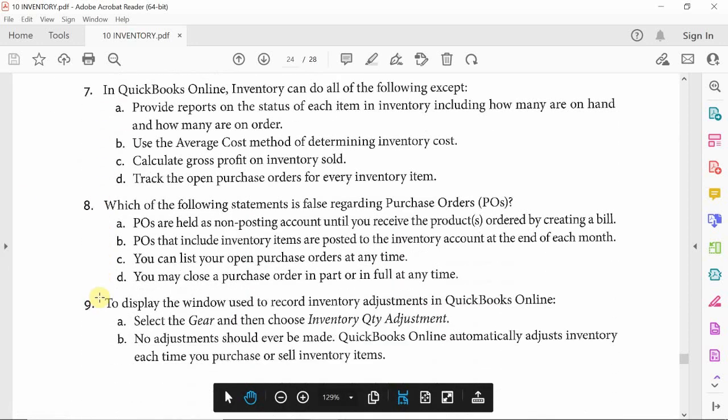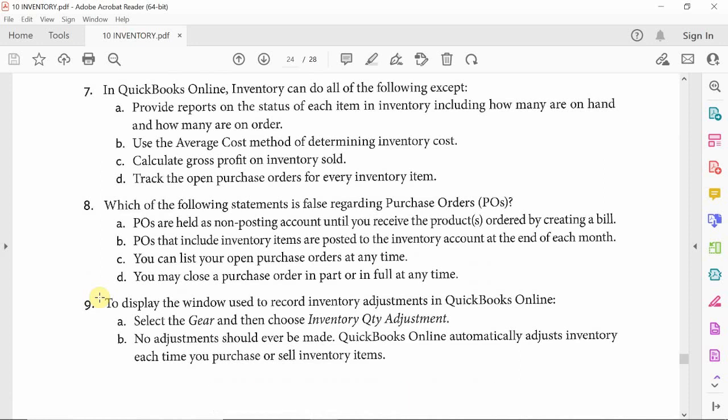Number 8, which of the following statements is false in regards to purchase orders? A, purchase orders are held as a non-posting account until you receive your products ordered.